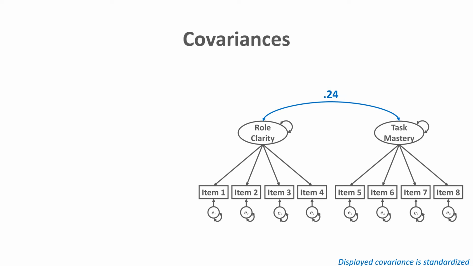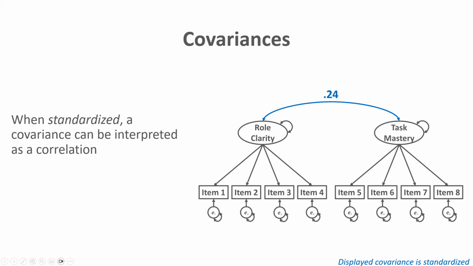But what is of substantive interest are covariances or correlations as parameter estimates in our model. So here's that multi-factor model that I showed you earlier, and specifically it's a two-factor model with two latent factors here. And we can see the longer double-sided, two-pointed arrow here, and that the covariance, or more specifically here, because it's standardized, we can interpret this as a correlation, is 0.24.